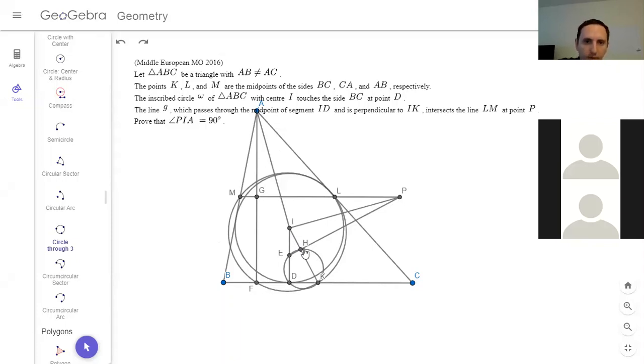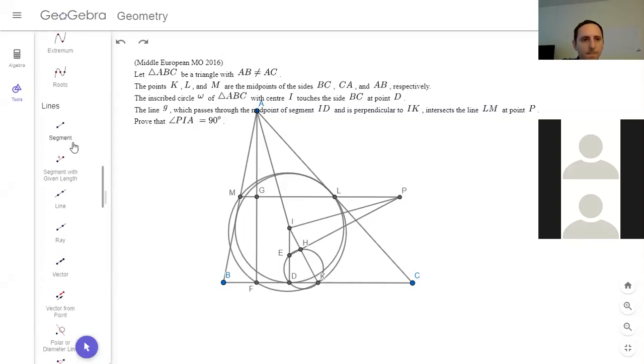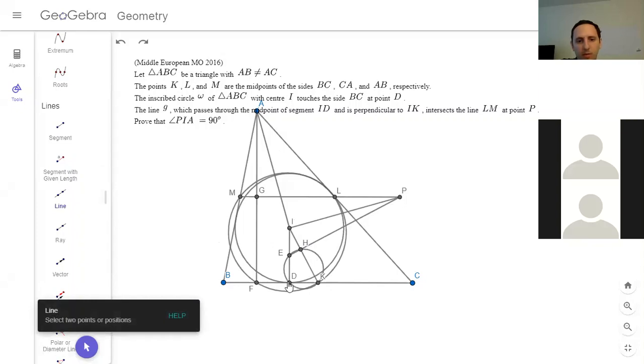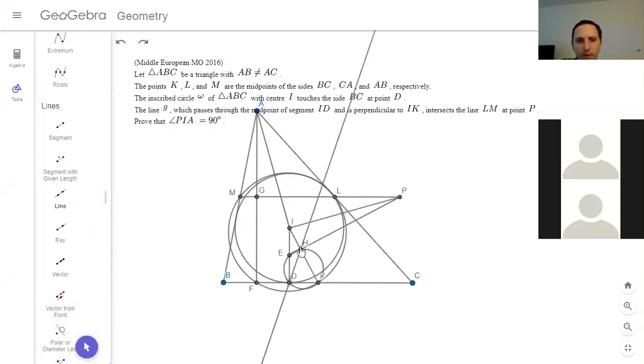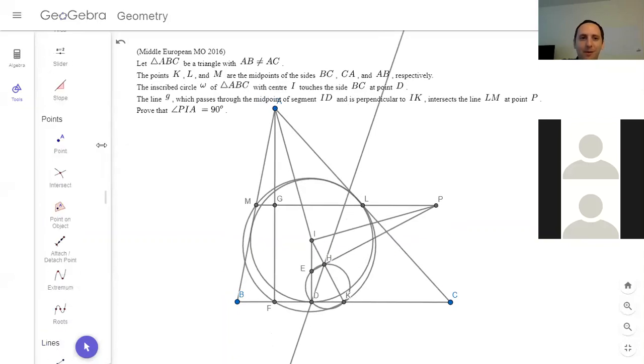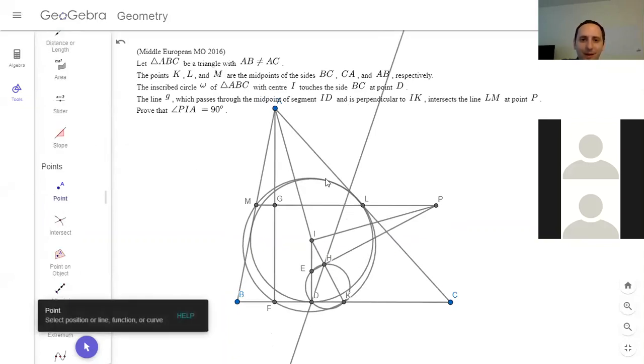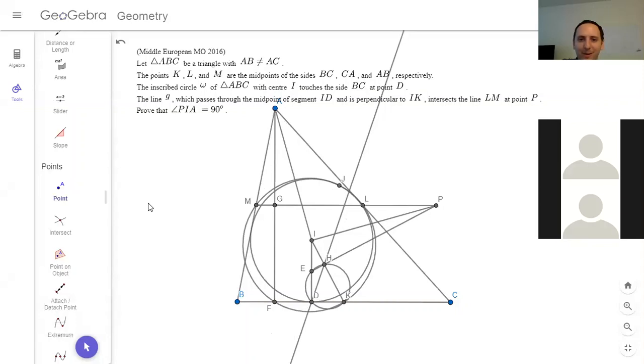Maybe we could use projection. What if we project through point H? Just trying out stuff. So yeah, these circles are actually tangent. It probably is completely irrelevant to the problem, but by Feuerbach's theorem, I've never done Feuerbach's theorem, but they're tangent.